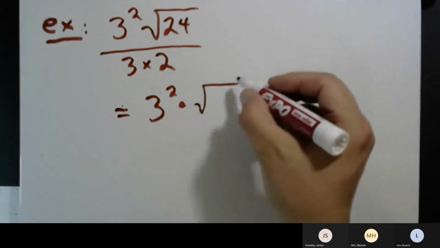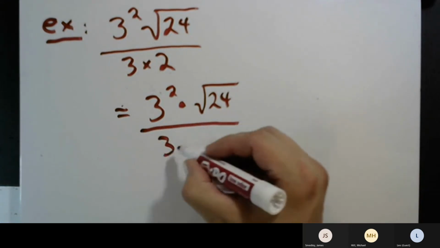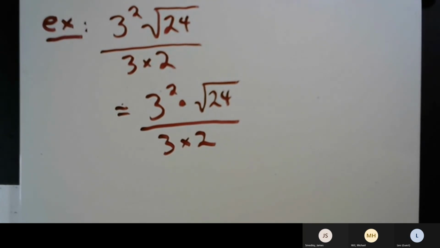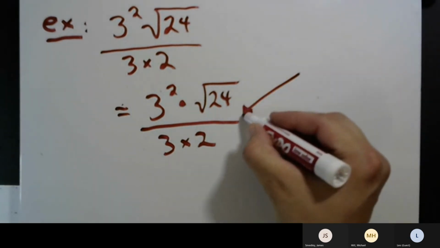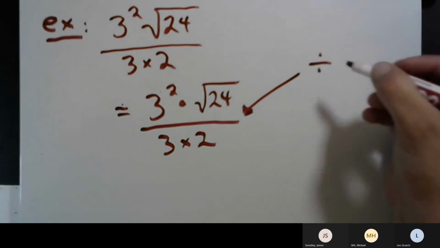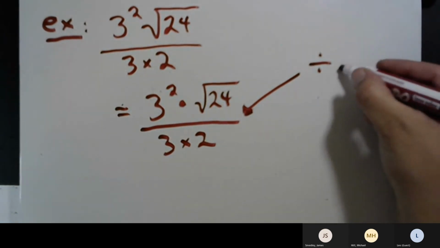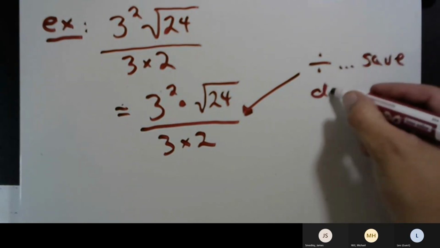I'm using a dot, but it's the same thing as the X. And when you have these large complex fractions, this is just a giant division sign. And the best way to handle these is we'll save the division for last.